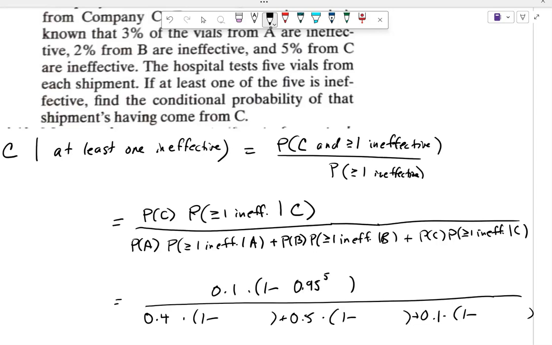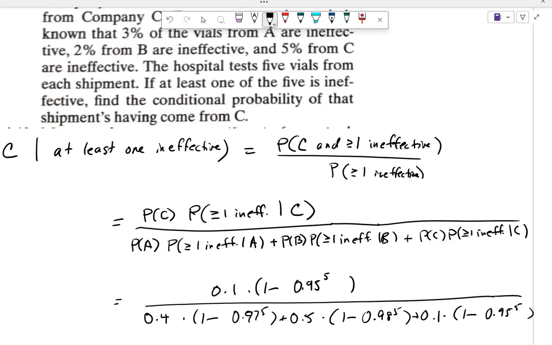The 0.05, right? And so we're doing no ineffective vials. So we want all 5 to be effective. That's why it's 0.95. What do we get? So that's the same thing that's down here. What's the probability going to go for A? And for B? 0.98 to the 5th. Yep, good.